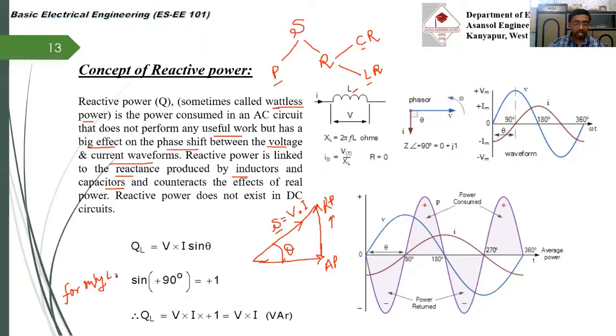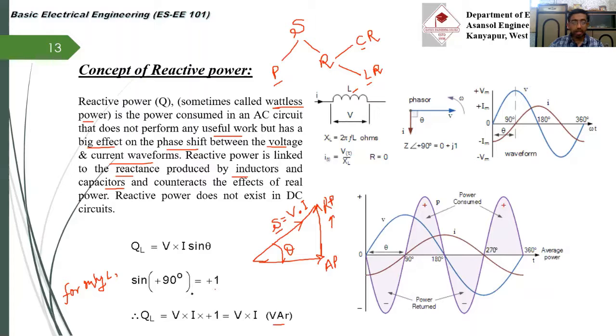So for only L present in the circuit, the angle is 90 degrees, right? So sine 90 is 1. So V into I VAR. Now, when only C is present, what will happen? Then this angle is minus 90. Then this will be minus 1.